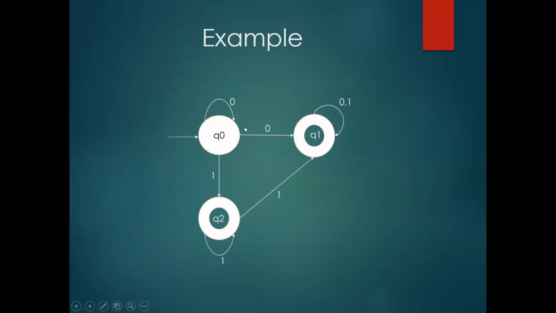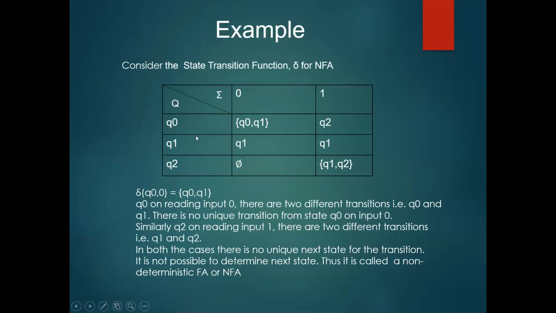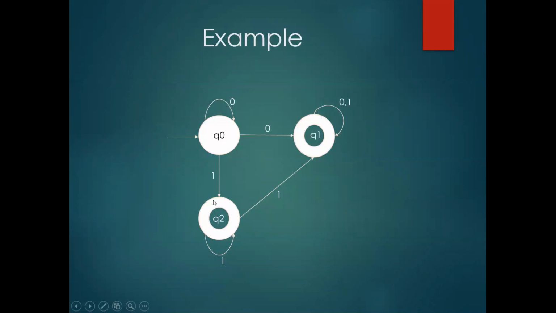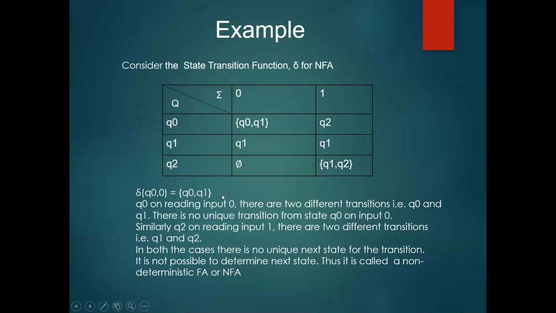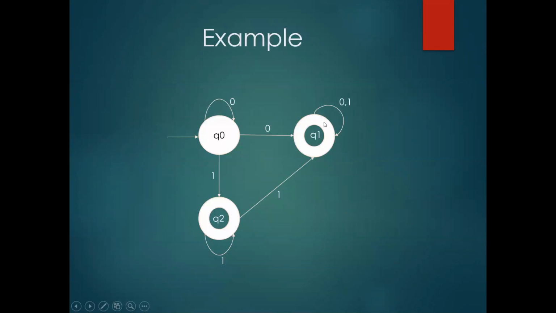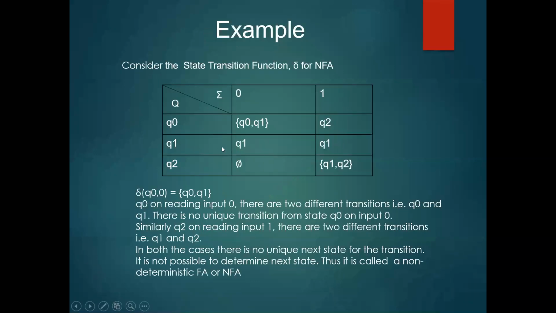I'll show the transition diagram again, Q0 and Q1, right? Then from Q0 on input 1, you are navigating to Q2. Then from state Q1, on input 0 and 1, you are navigating to Q1 itself. This is shown here in the state transition function.